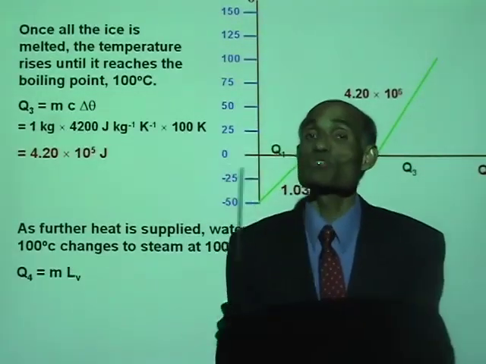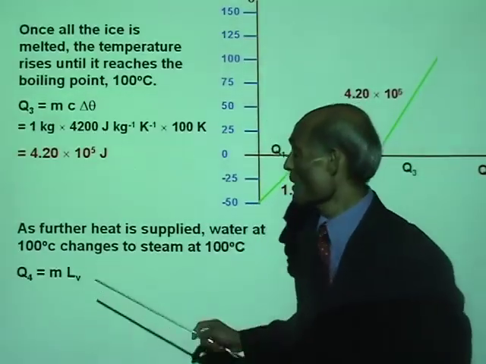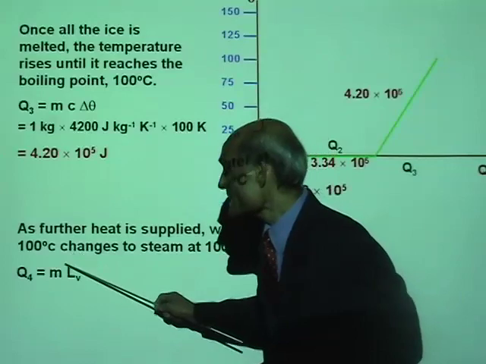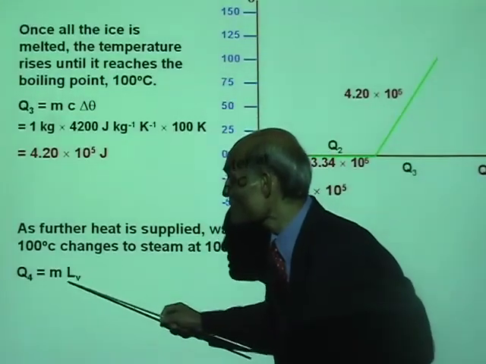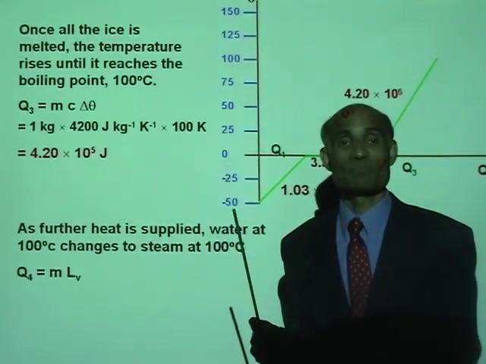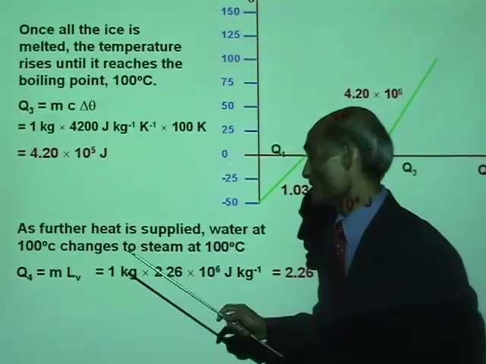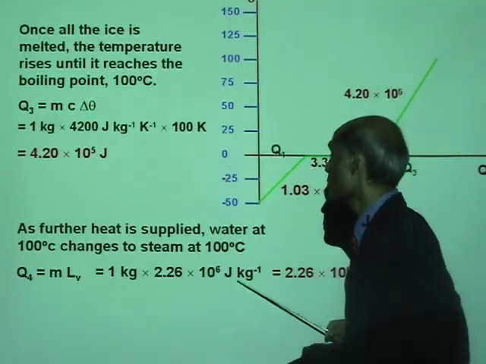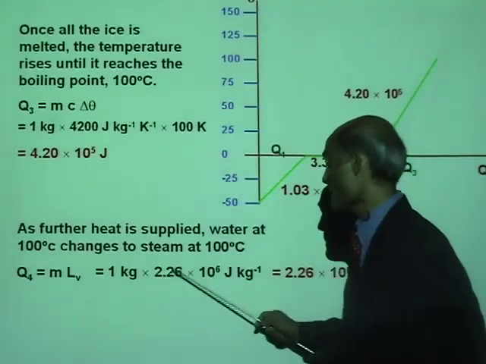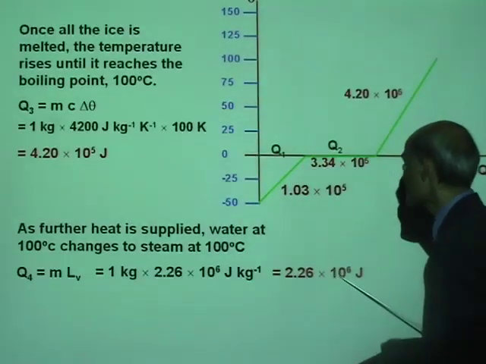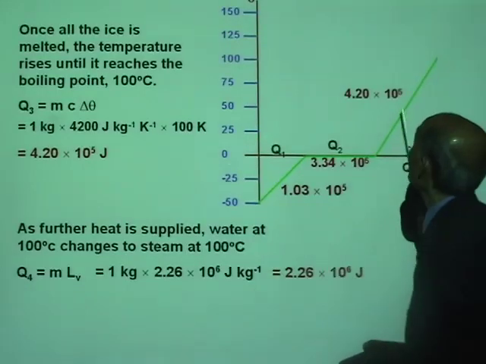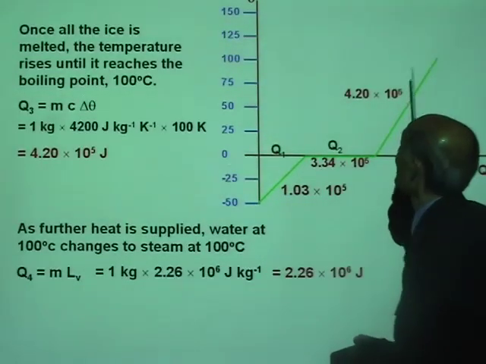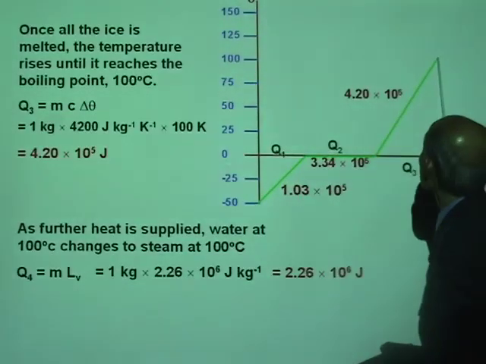Now remember, there is no change in temperature here. What is our mass? Mass is 1 kilogram. What is latent heat of vaporization of water? Do you remember? It is 2.26 times 10 to the 6 joules per kilogram. And that gives me 2.26 times 10 to the 6 joules is the amount of heat that is used by this water to change into steam.